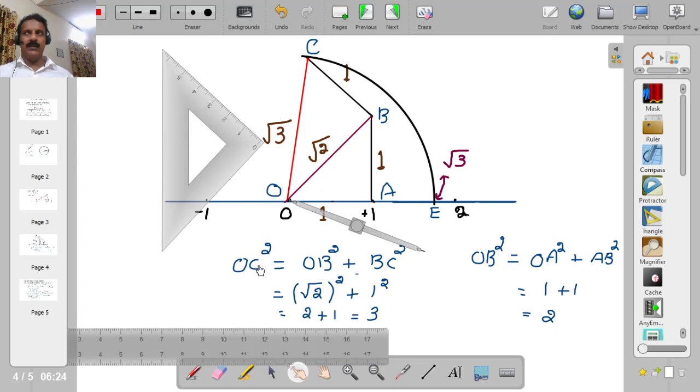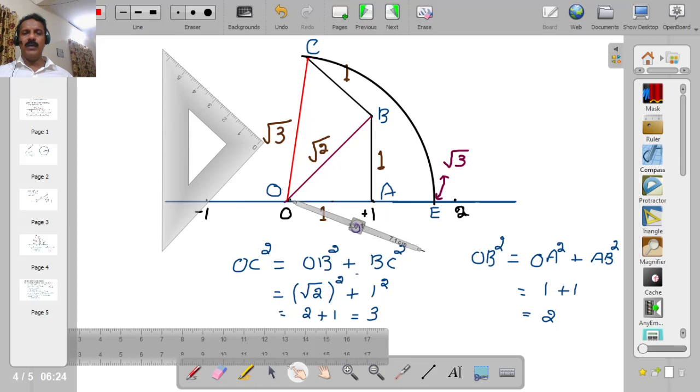By Pythagoras theorem, OC squared is equal to OB squared plus BC squared. OB squared is square root of 2 the whole squared and BC squared is 1 squared. So square root of 2 the whole squared is equal to 2, and 2 plus 1 is equal to 3. So length of OC will be square root of 3 units.